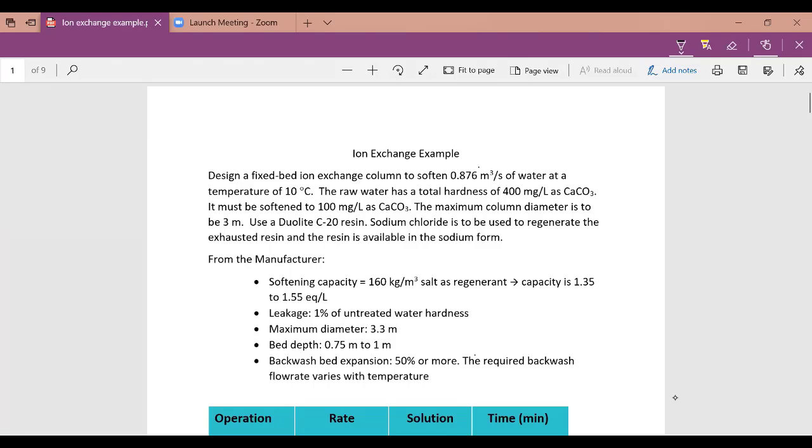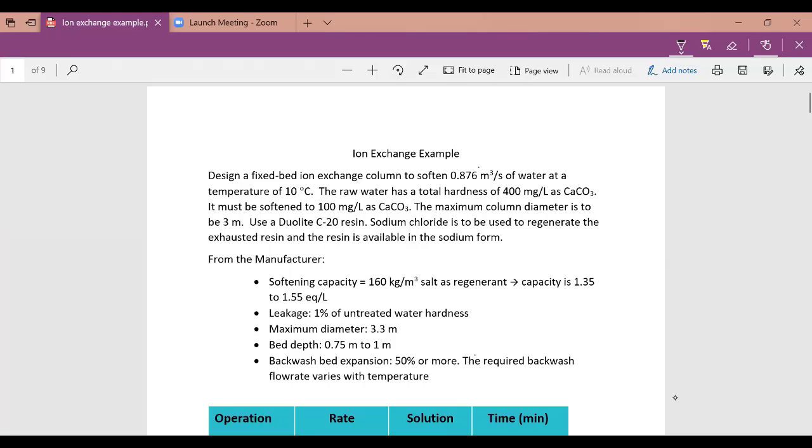You're told that the maximum column diameter is to be 3 meters, and you should use a Dualite C20 resin. We'll use sodium chloride to regenerate the exhausted resin, and the resin is available in sodium form, so we can purchase it in sodium form.